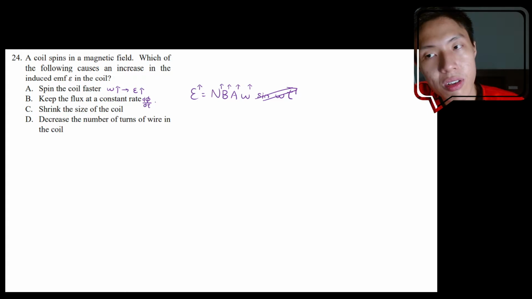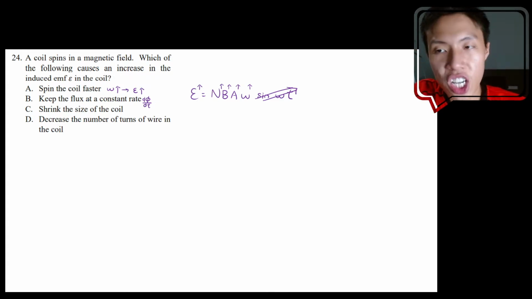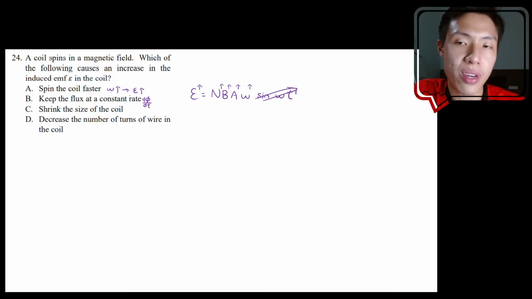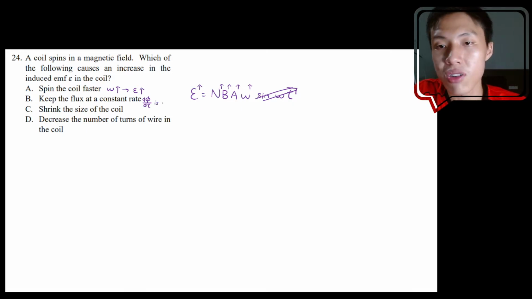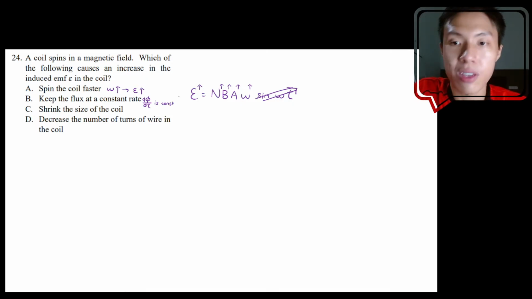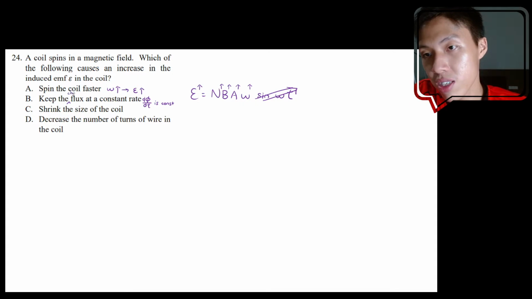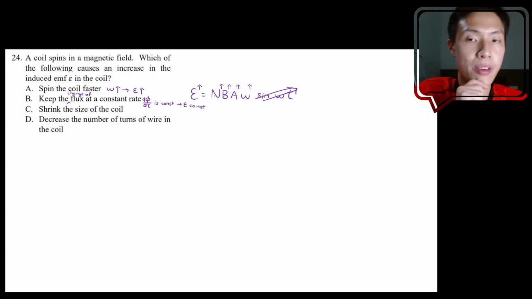If you keep the change of flux at a constant rate, that means d phi dt is constant. D phi dt being constant won't help you increase the EMF. Your EMF will be constant. You will not increase your induced EMF.